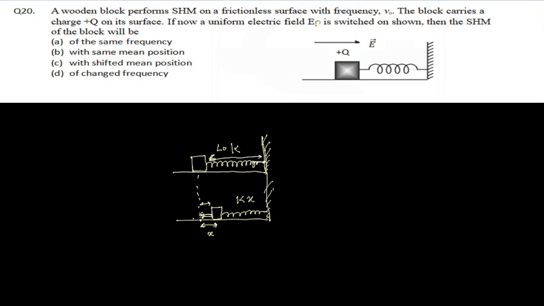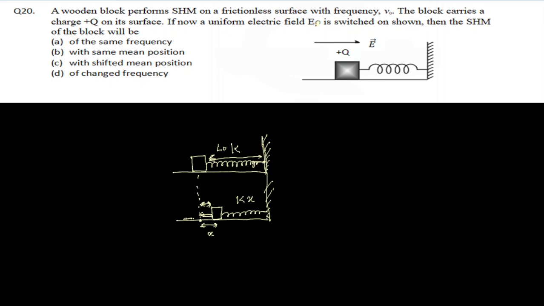After some time, the block will come back to its initial position. But during traveling this distance x, it will have gained some kinetic energy. Because of this kinetic energy, when the block comes to this initial position, it will not be at rest. It will cross this line and start traveling towards the left.